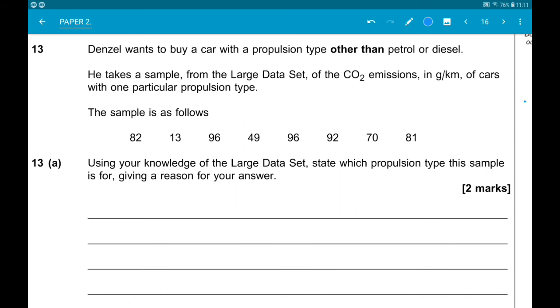Part A. Using your knowledge of the large data set, state which propulsion type the sample is for, giving a reason for your answer. Okay, don't worry about this part too much. The large data set changes every year, so you won't be using this one. What they were looking for here is electric, because that's the only propulsion type with this many data. Again though, your large data set will be different, so don't worry.